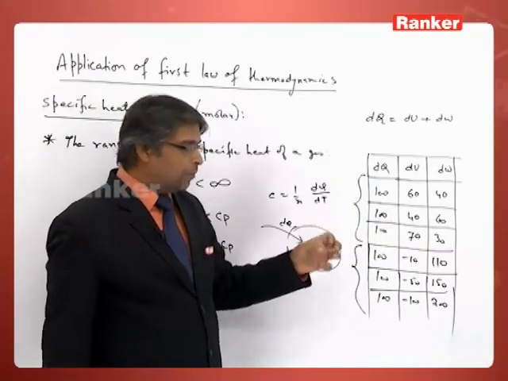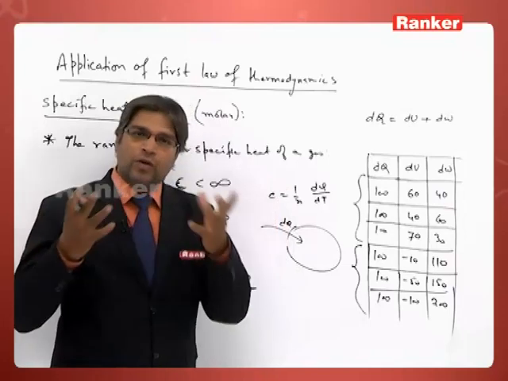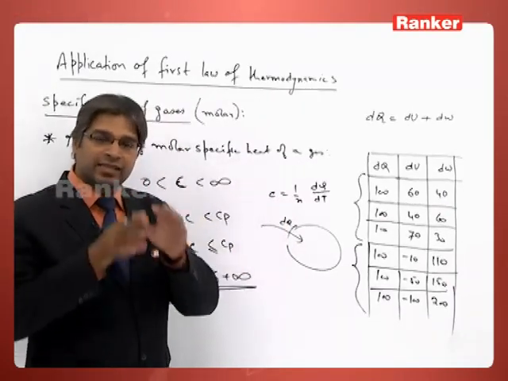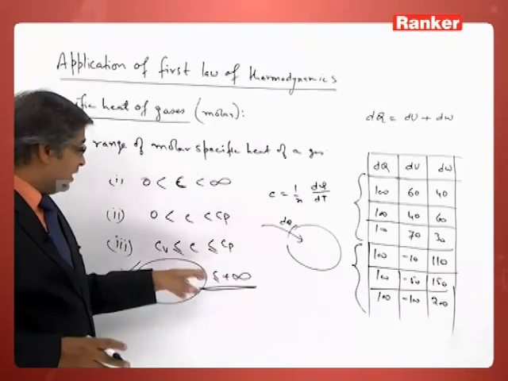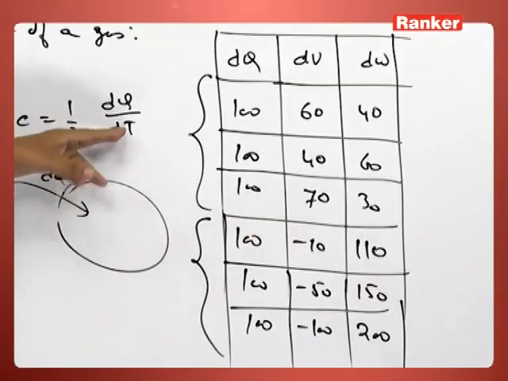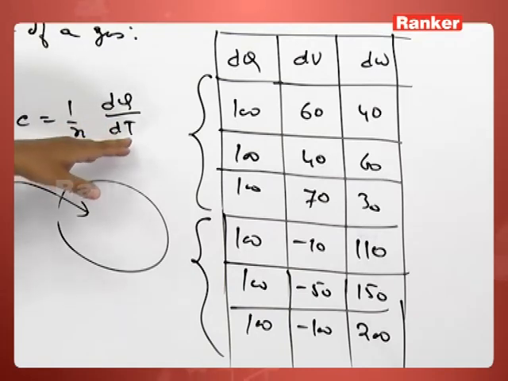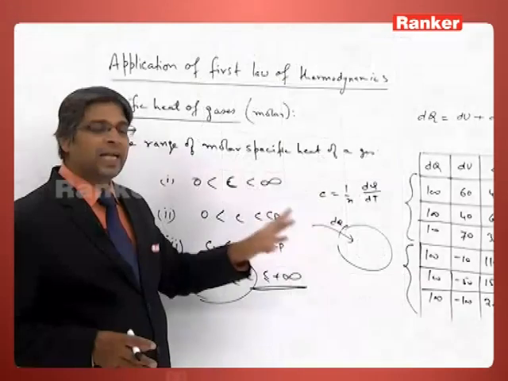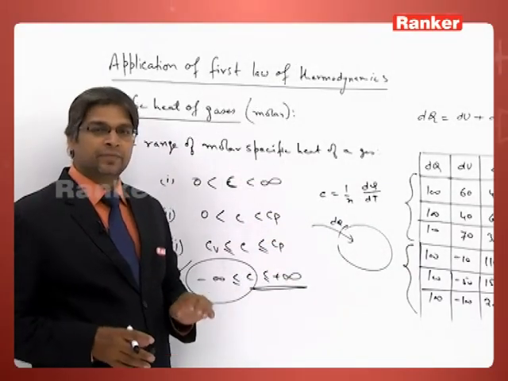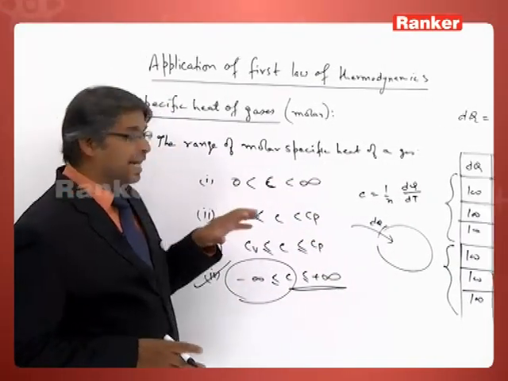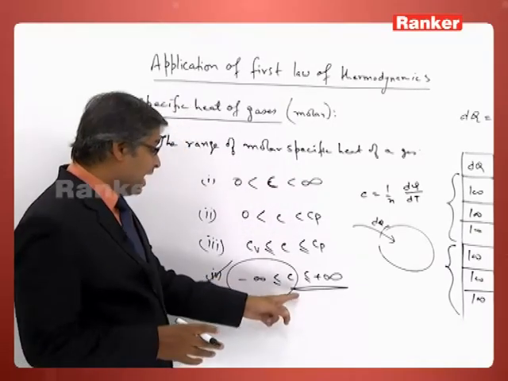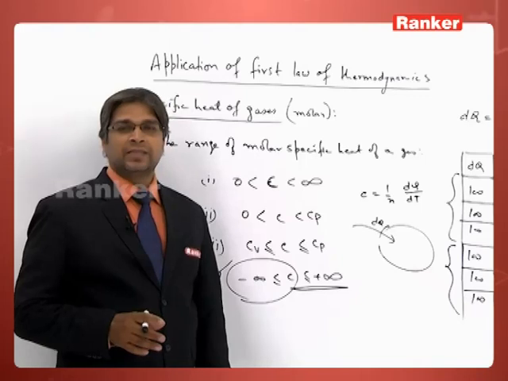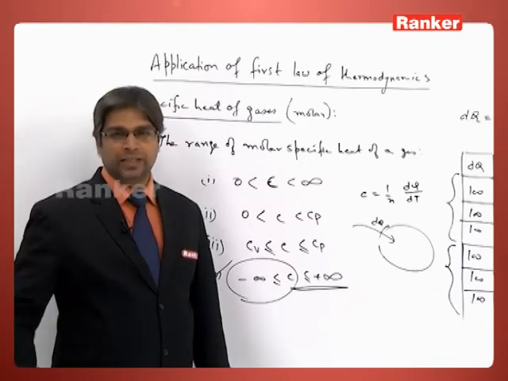Whenever the gas does more work than the energy it gets, delta U becomes negative, and temperature is related to the change in internal energy, so delta T becomes negative and C becomes negative. So for an ideal gas, we can have molar specific heat from minus infinity to plus infinity.